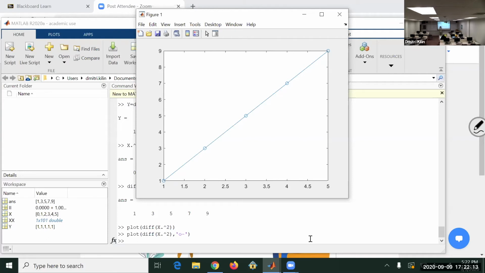As we depart from the origin. Here, the difference grows linearly, so the slope doesn't change.